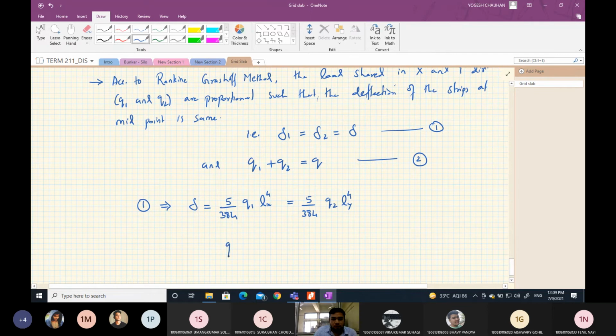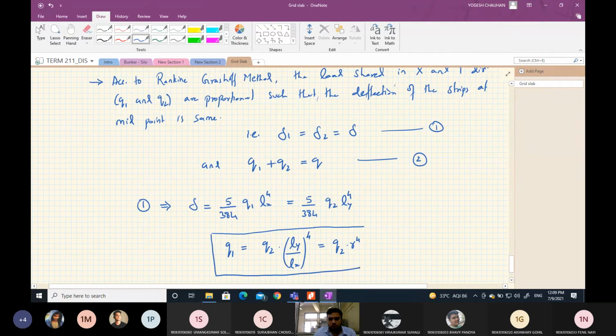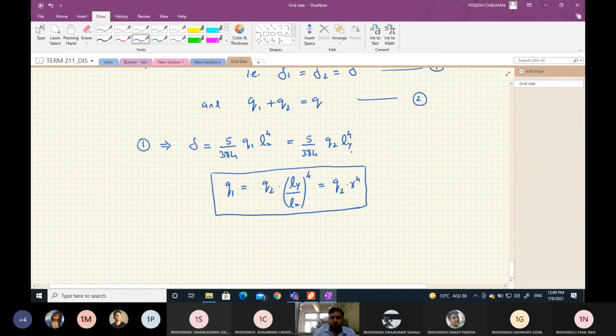So we can say Q1 is equal to Q2 times Ly by Lx raised to the power 4, or we can write Q1 is Q2 into R raised to the power 4, where R is the ratio of Ly by Lx.